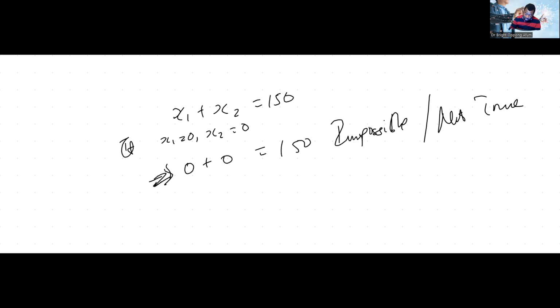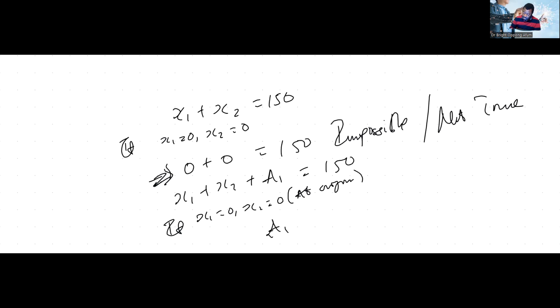So for instance, we will say that x1 plus x2 plus, the first time we are using an artificial variable, a1, is equal to 150, right? With this one, we can test and see that if x1 is equal to 0 and x2 is equal to 0, that is at the origin, then it means that a1 is equal to 150. So this one actually makes sense for us to use the artificial variable.